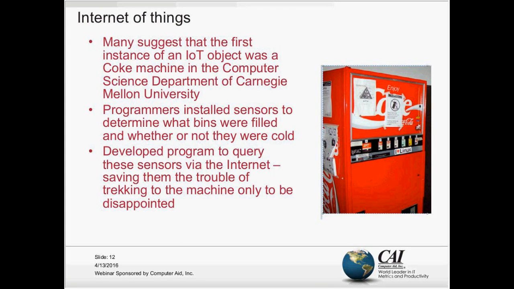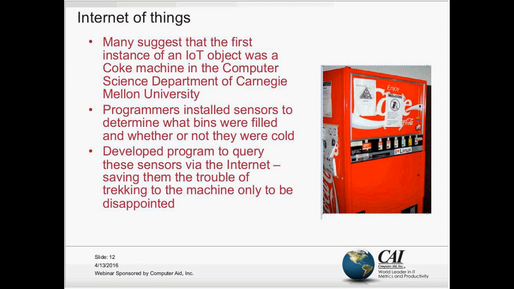I have not done exhaustive research that this was really the first instance of the Internet of Things, but it's a pretty interesting example. It goes back to the early 80s, and it has been suggested that a Coke machine was the first instance of an Internet of Things.